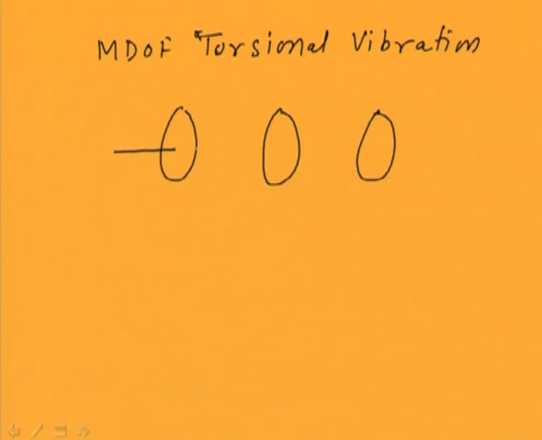So let us see the multi-degree of freedom system of torsional vibration using the transfer matrix method. In this, let us consider various numbers of discs which are connected by shafts.